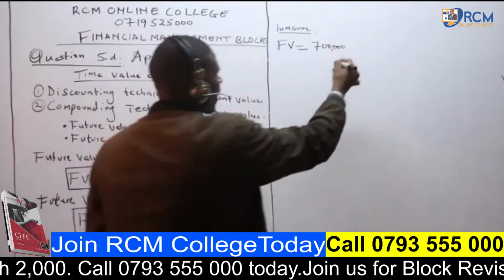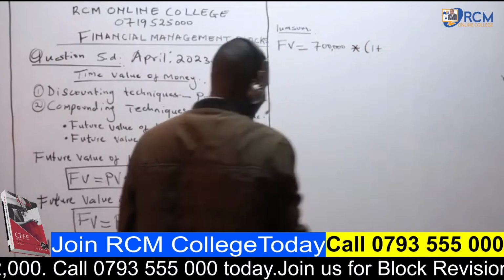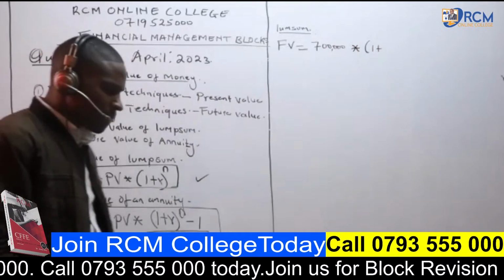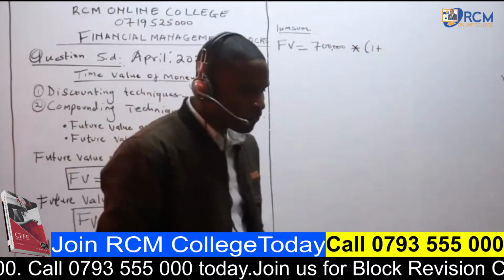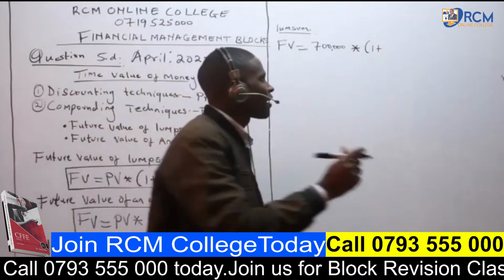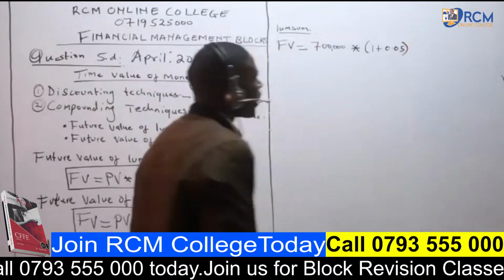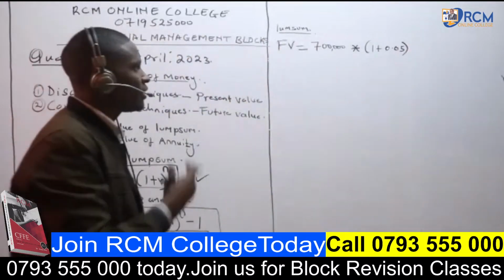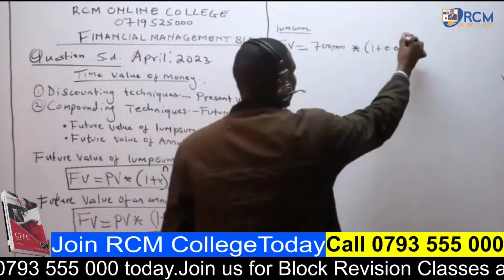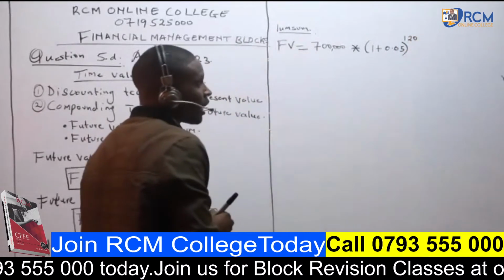We multiply by 1 plus the rate. The annual interest rate is 5%. Therefore, this is 0.05. As a good student, you can indicate for the examiner in that order. And then raised to power 120. N is 120.